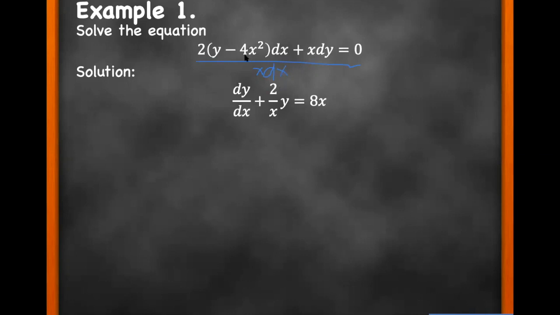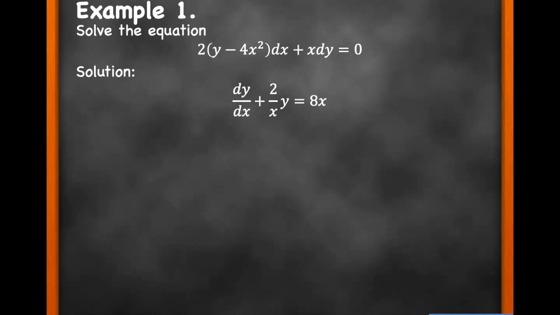Cancel this, so we have 8x. So you transpose the minus 8x into the right side, so you have positive 8x. And the second term will be x dy over x dx, so you cancel x, giving you dy over dx here. Okay? Now you have 2y over x. So we have now the equation in standard form.